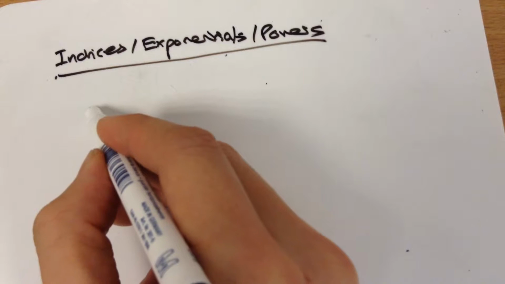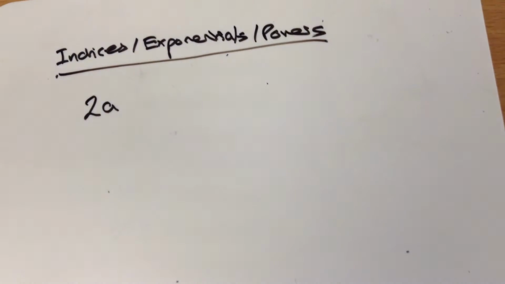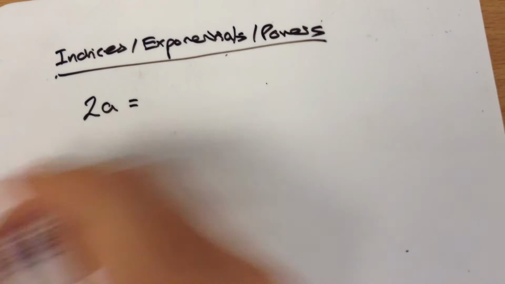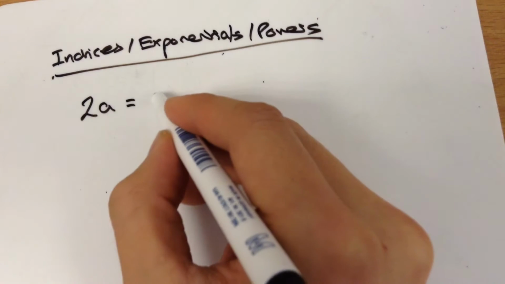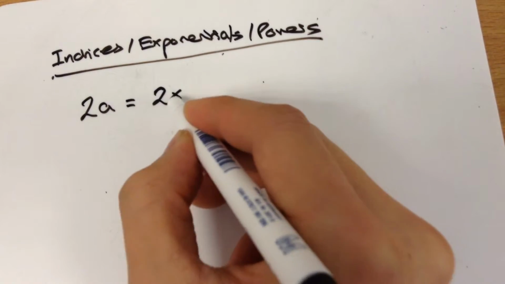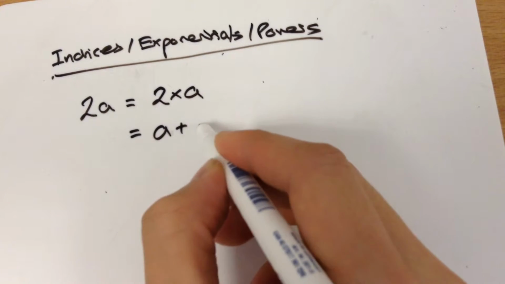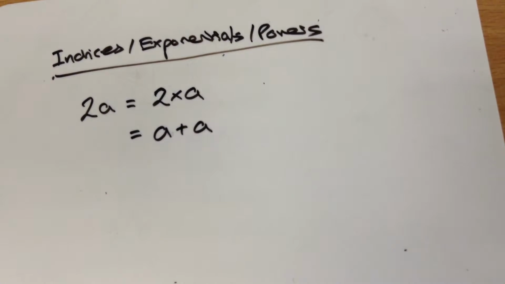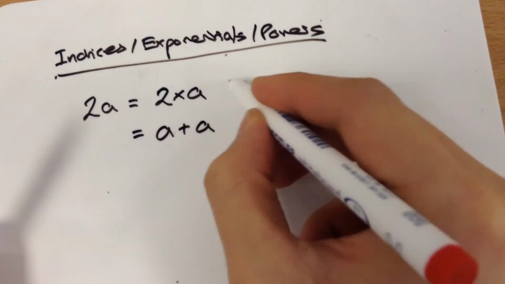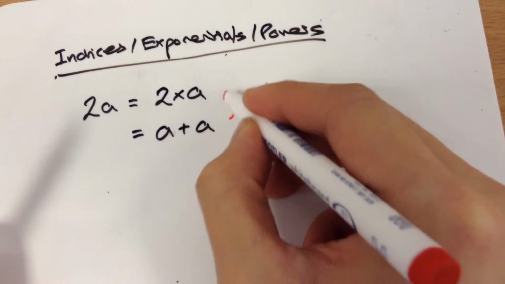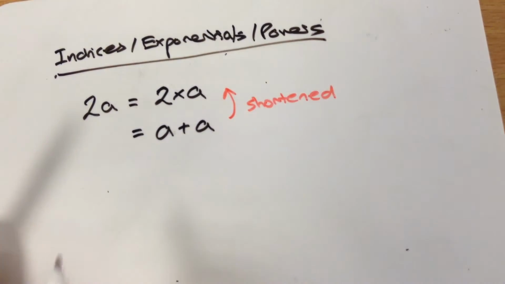You would have seen at some point in your education something like this, 2a, which is 2 lots of a. You should know when you have 2a, that is the same thing as 2 times a. 2 times a is 2 lots of a, which is the same thing as a plus a. Now this is an important concept because you'll see that multiplication is a shortened form of addition.